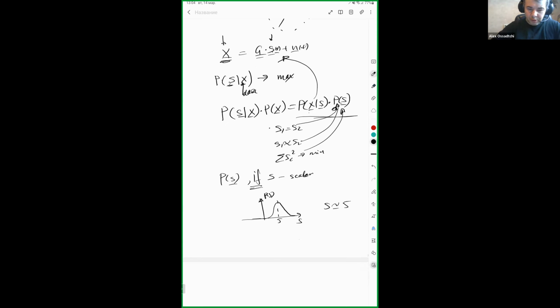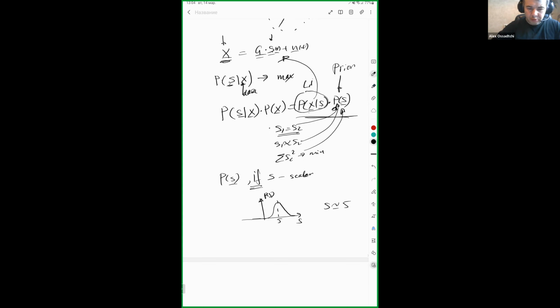I was saying that using S, you can introduce different information about your S using this prior distribution. It's called the prior distribution. And you can introduce your model in this likelihood term.